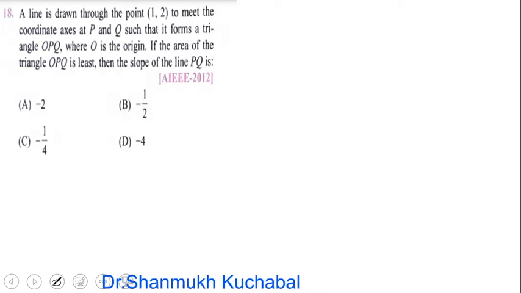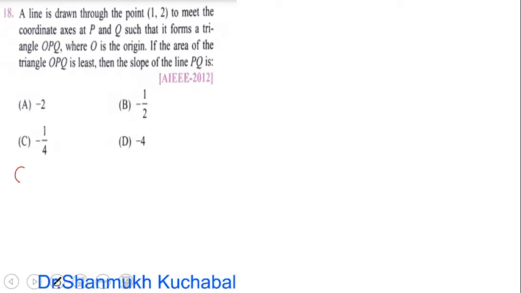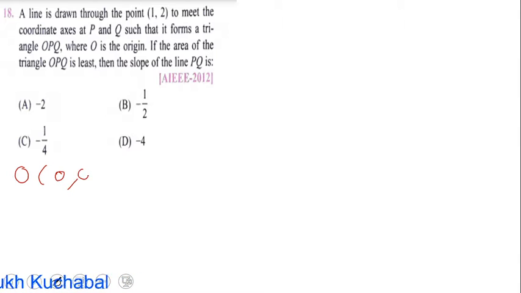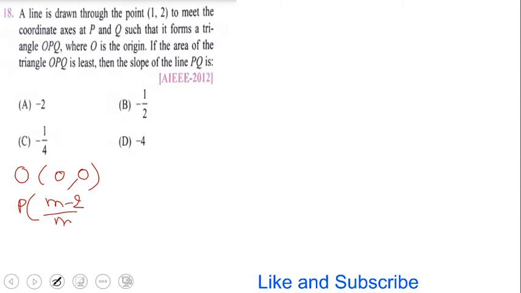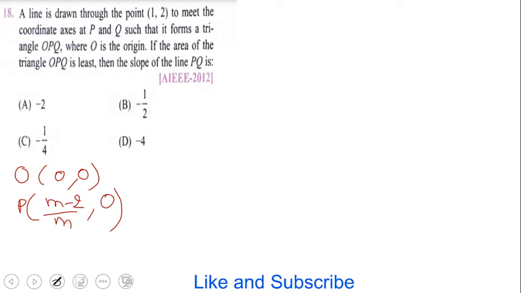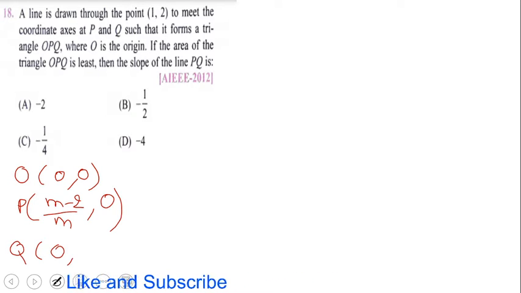We have to find the area of the triangle. One of the coordinates is the origin, 0 comma 0. The point P, from the given information, we can take as (m minus 2) divided by m, comma 0, and the other point is Q, 0 comma 2 minus m.